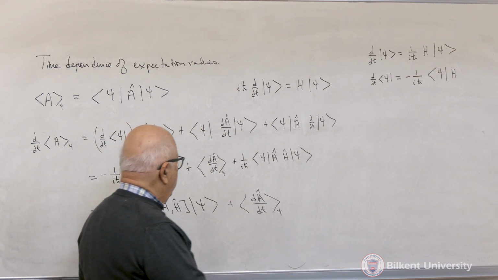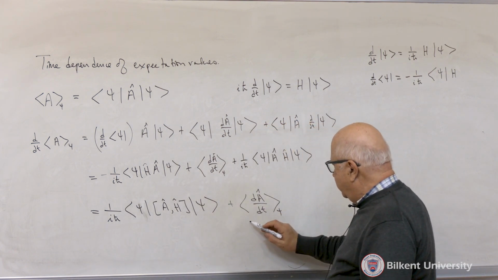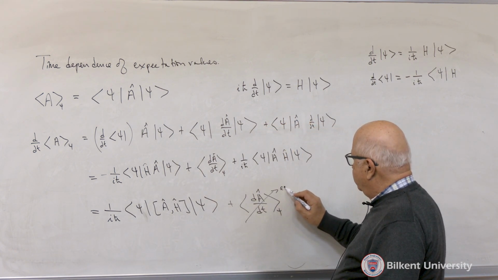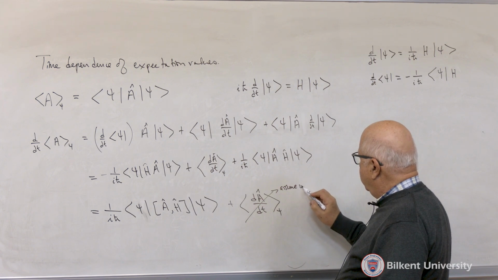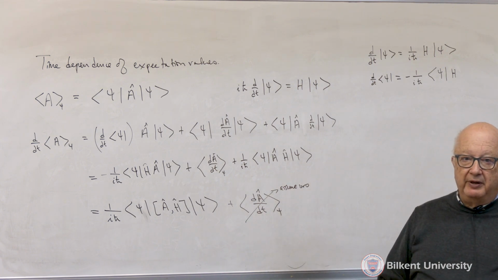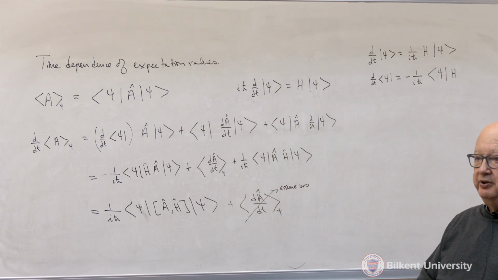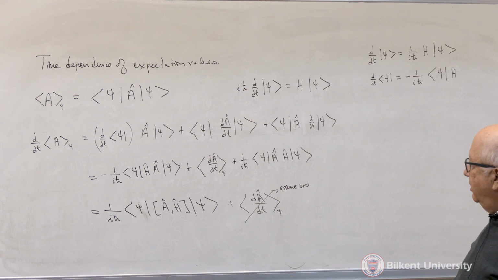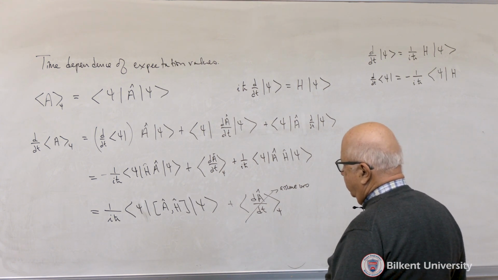Again, for the rest of the semester, we'll just assume this is 0. There's no time dependence of the operators, like the momentum operator, energy operator, things like that. We never put time dependence in it.